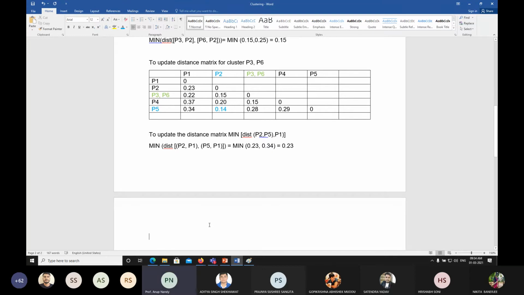What I should write in the distance matrix? I think you follow the process.